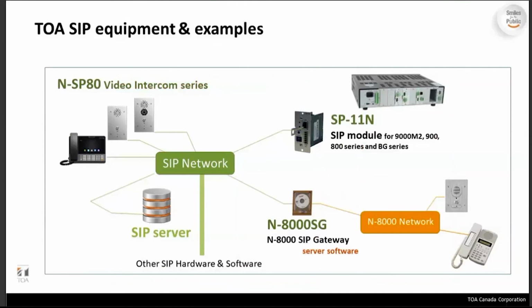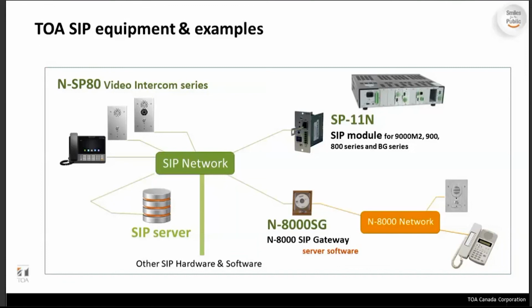This is our equipment, which is the NSP80MS, NSP80VS, NSP80AS, a door station, intercom, and the master station, which may connect with a SIP server, or you can do peer-to-peer. If you have a SIP server, then we have the SP11, which can communicate easily.